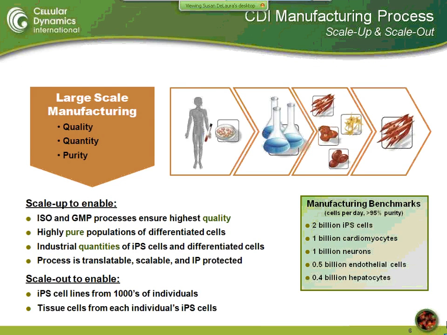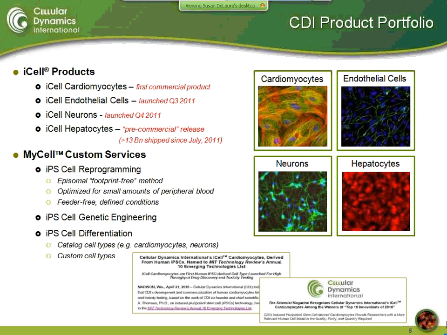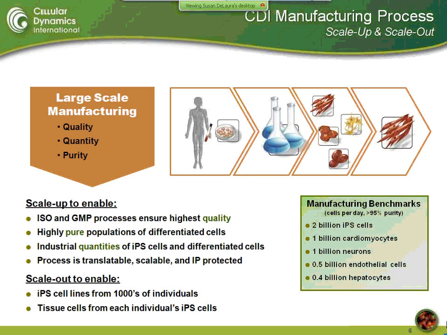For the manufacturing process, in order to make the cells work for the purpose that we wanted them to work for, we knew that you needed to have very high quality cells, very highly pure cells, and also large quantities.